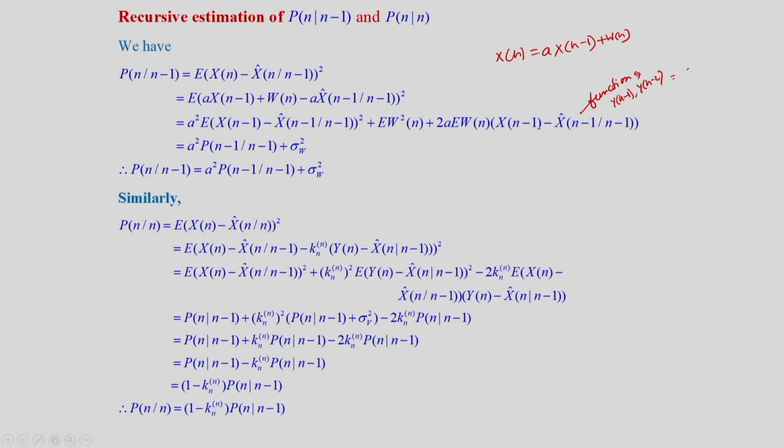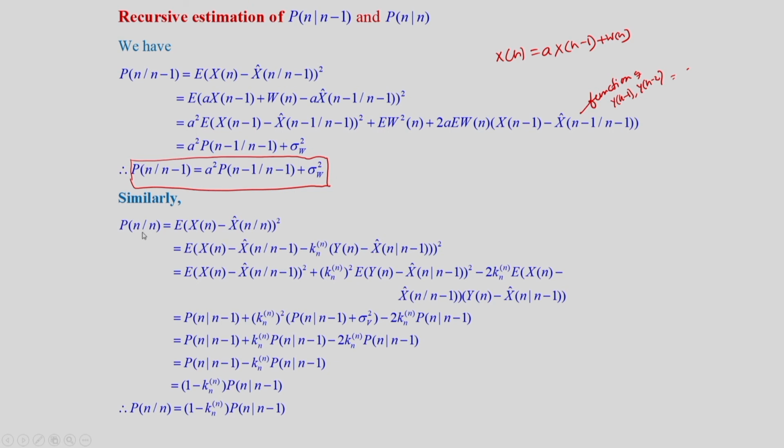So, this part will contribute 0. Therefore, we will have P[n|n-1] is equal to a square times P[n-1|n-1] plus sigma w square. So, this is the recursive expression for mean square prediction error.